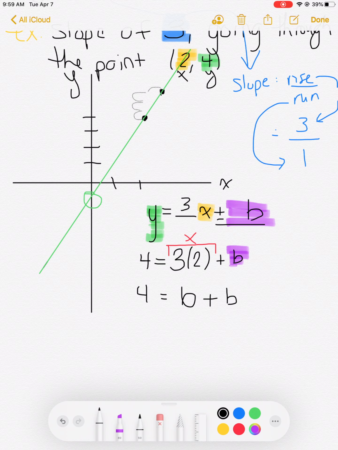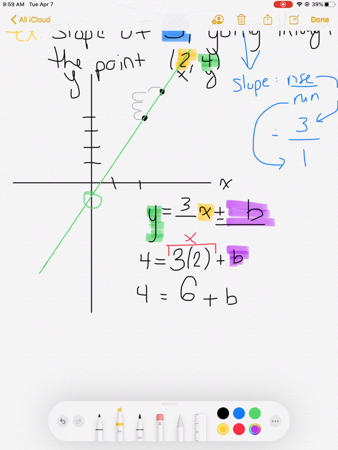Now, is b by itself? No. So we need to get it by itself.